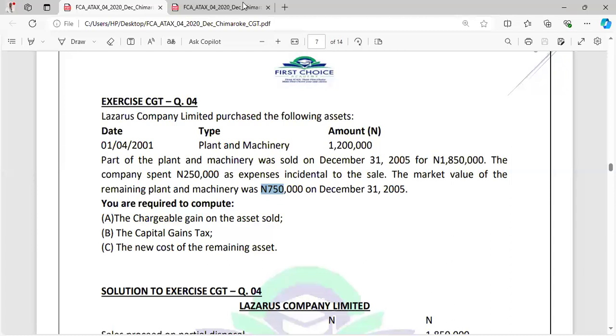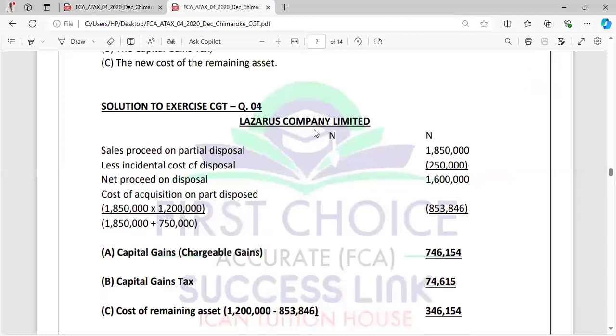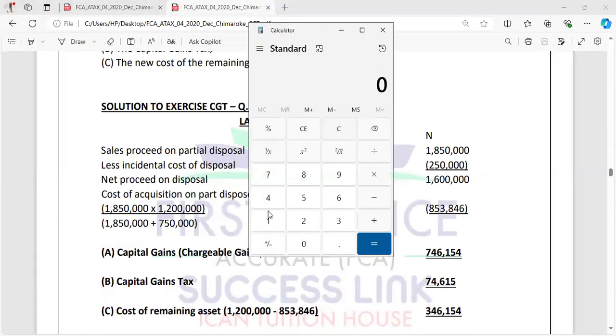So what do we do? We have A, 1,850,000, times 1,200,000.